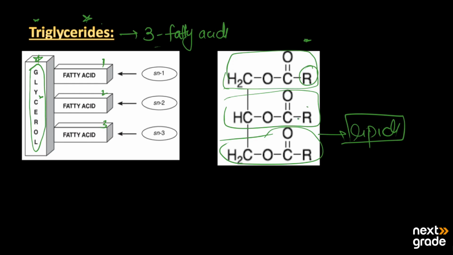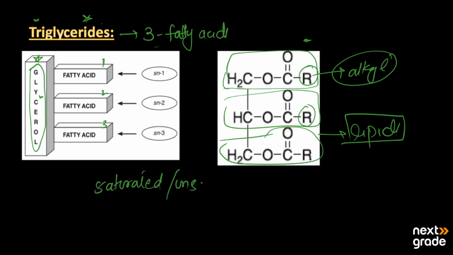Here the R is known as the alkyl group, and the type of the lipid depends upon the alkyl group or the carbon chain that is attached with it. If it is a long chain, there are mainly two types of triglycerides. They may be made up of saturated fatty acids, and they may be made up of unsaturated fatty acids. So it depends upon the nature of the substance.